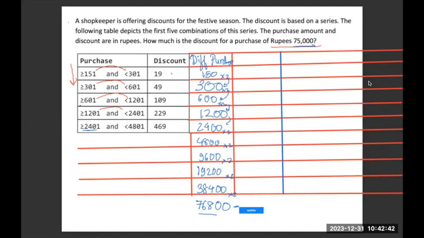Sorry, here it will fit, 38400, because the next series of 76800 will be from 76800 to 76800 multiplied by 2. So this series will come till 76801 to 153601. So this upper series is where the 75,000 amount will come.